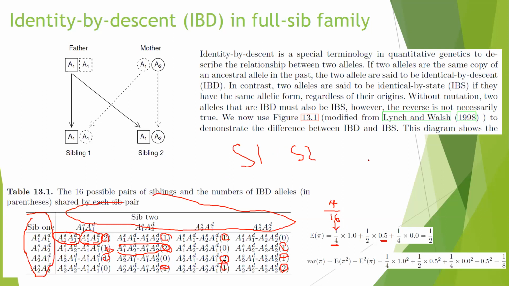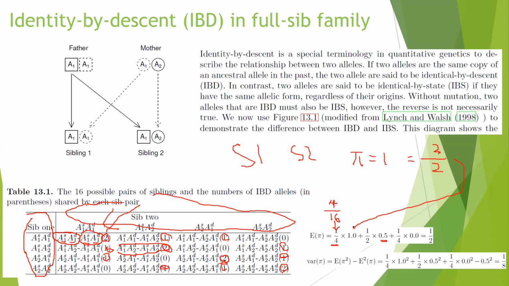If both alleles are IBD, here we use 2 to represent, then the IBD value should be equal to 1, which means 2 out of 2 are IBD.